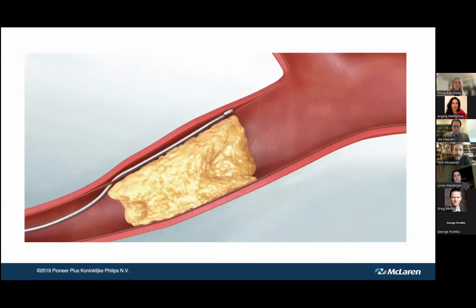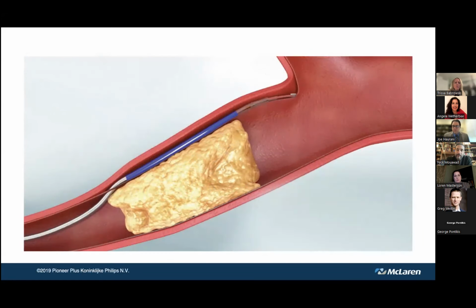This is a cartoon of a subintimal dissection, primarily with your 035 or 014 wire. Following that, you can advance, in this particular image, the Pioneer catheter, which I tend to favor because it allows me to identify the true lumen with intravascular ultrasound imaging.